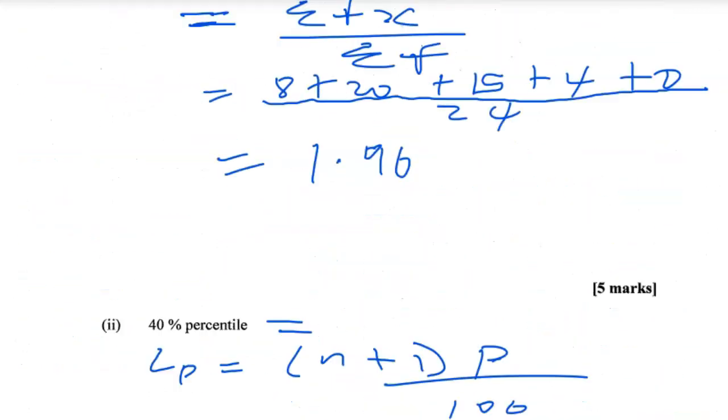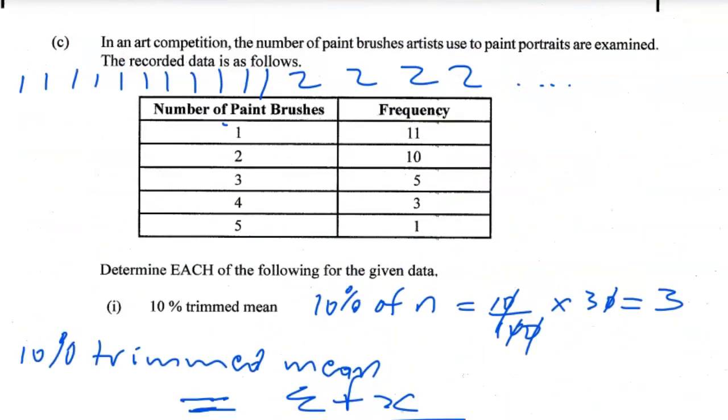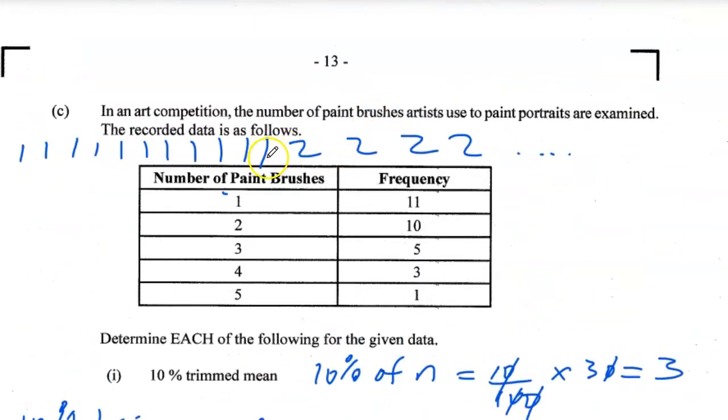But the number between the 12 and the 13 position would be, so we have 11 ones, then the 12th number, then the 13th number. So the number between the 12th and the 13th is 2. So the 2 is the 12th number, and a 2 is also the 13th number.